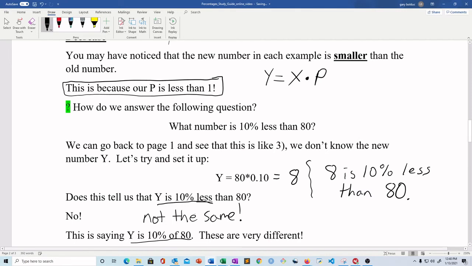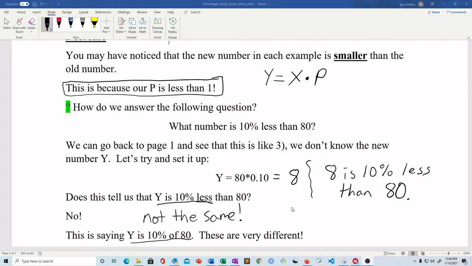So be super careful. 10% less than a number is not the same thing as 10% of. They're in some way opposites that you'll see in a little bit. So maybe this was a good try, but not quite. Although, if you plug the 10% here, you're closer than you might think.